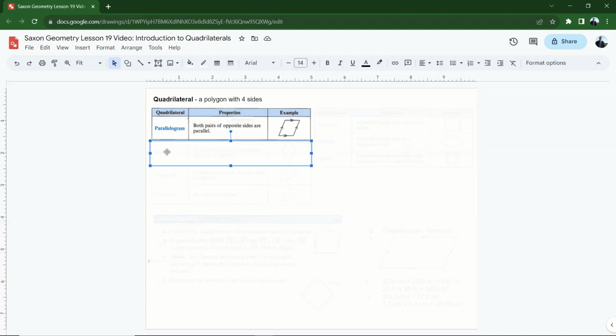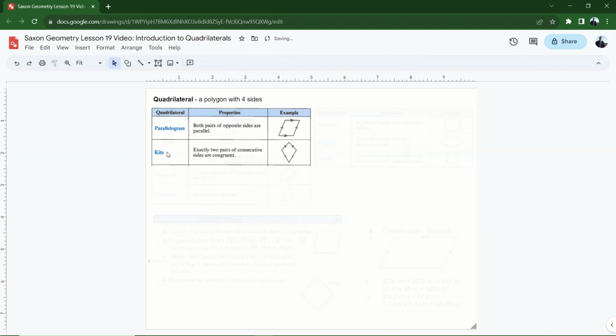That's a parallelogram. What's another arrangement that we can come up with for a quadrilateral? Well, instead of talking about parallel sides, what if I talk about congruent sides? A kite is a quadrilateral that has two pairs of congruent sides, and those congruent sides are adjacent to each other. So here I have one pair of congruent adjacent sides, and then on the bottom there's another pair.